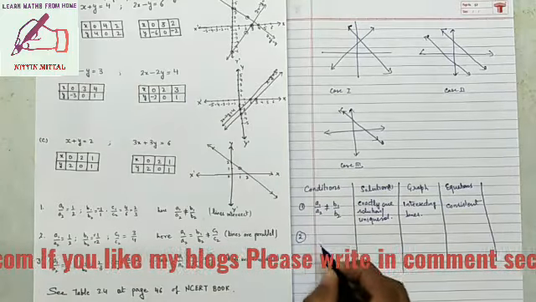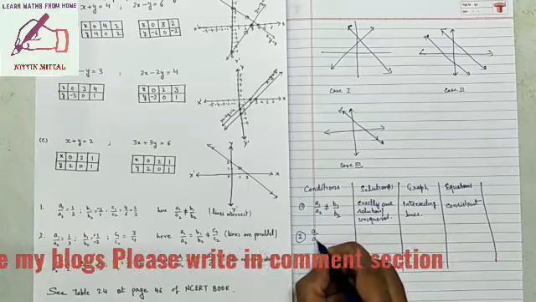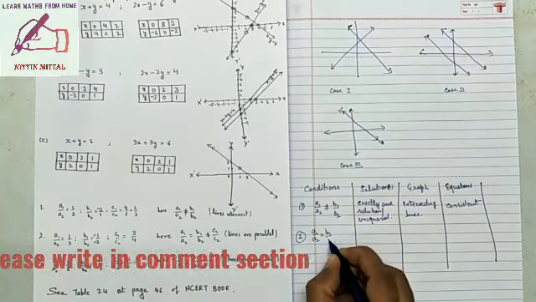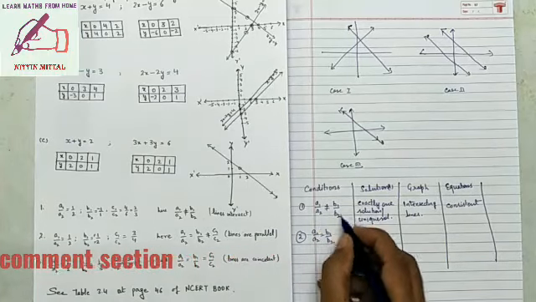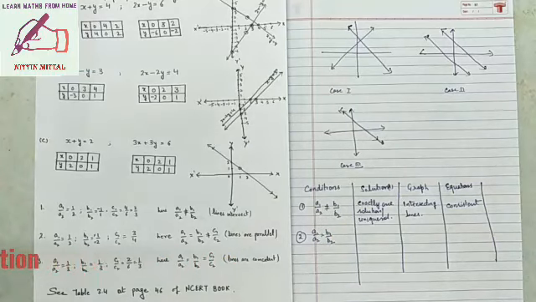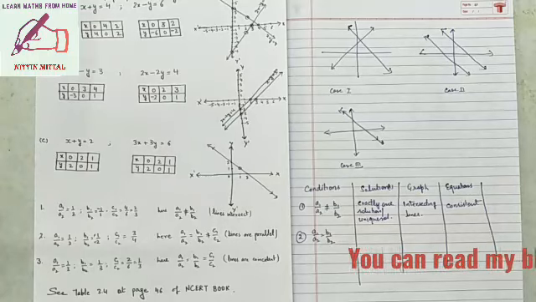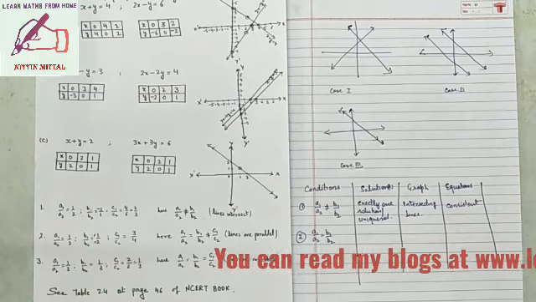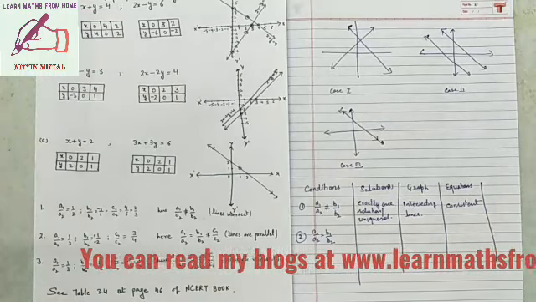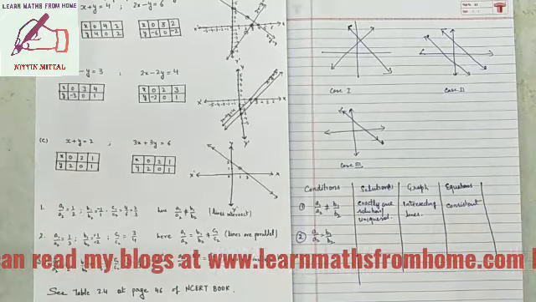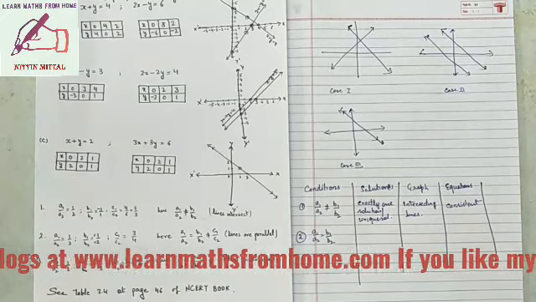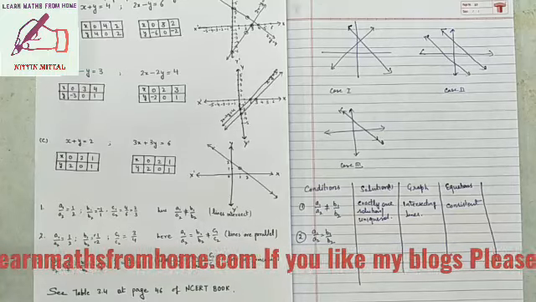So the second case, a1 over a2 is equal to b1 over b2. When a1 over a2 is not equal to b1 over b2, in that case c1 over c2 is to be ignored. Whatever happens with c1 over c2, whether it is equal or not equal, when the first two are not equal, we won't look at the third ratio.